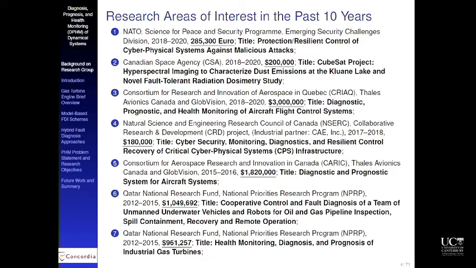It involves, of course, Canada, our group at Concordia. It also involves researchers at the University of Melbourne, people from Hiroshima University in Japan, and researchers from Qatar University in Qatar. So it's a cooperation of 4 universities from 4 different countries.